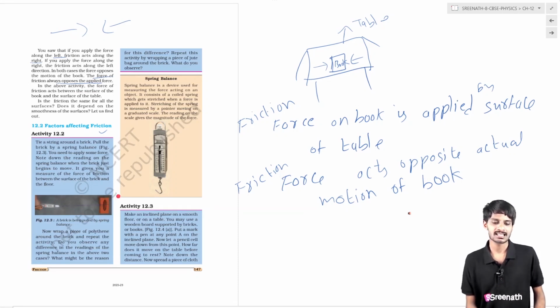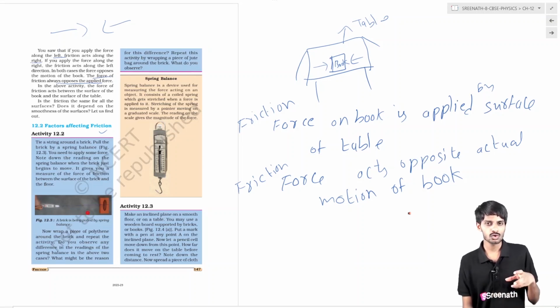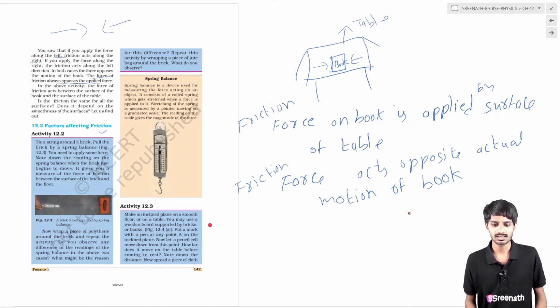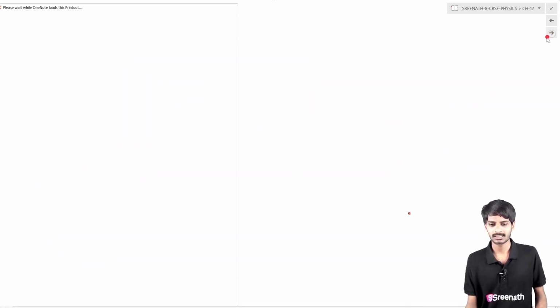In the second case, it moved so easily, so a smaller force is sufficient to move that brick. But in the first condition, it is very difficult, and it takes some extra force to pull that brick.